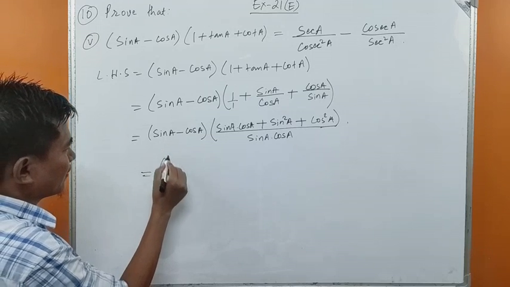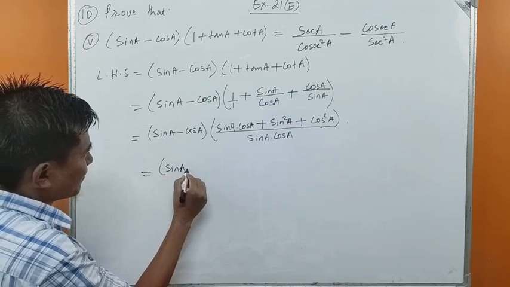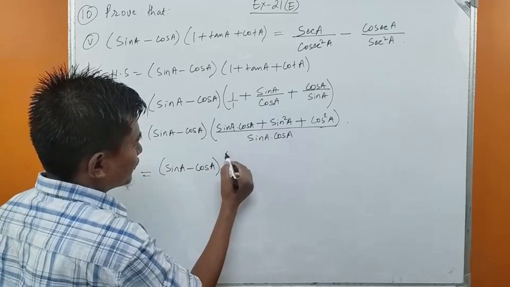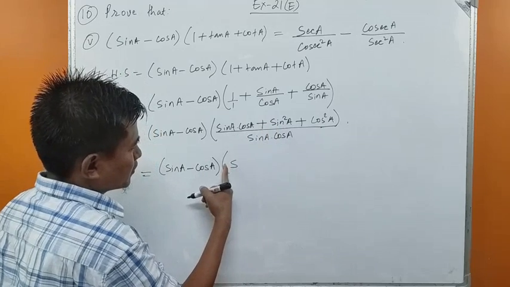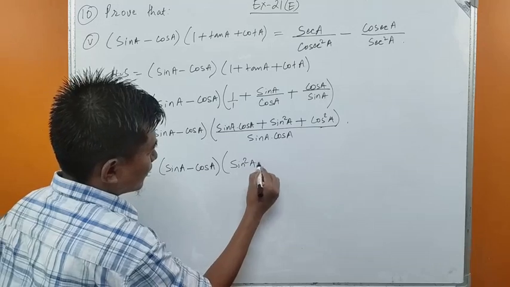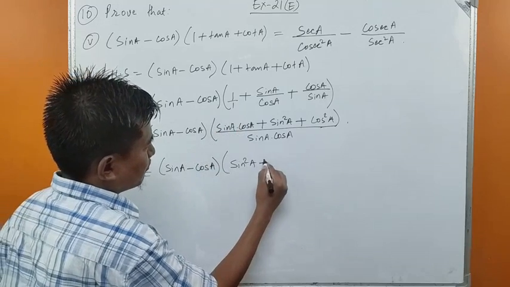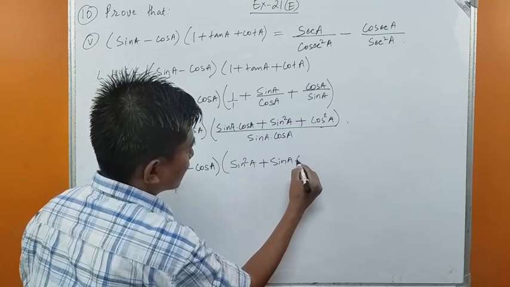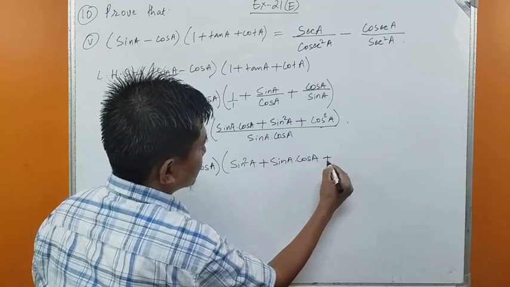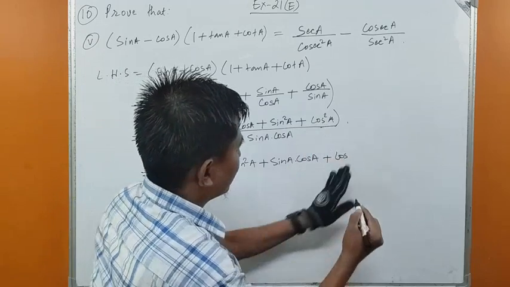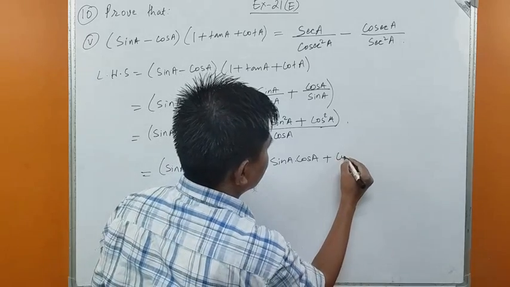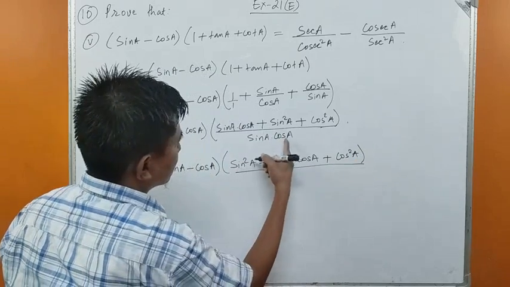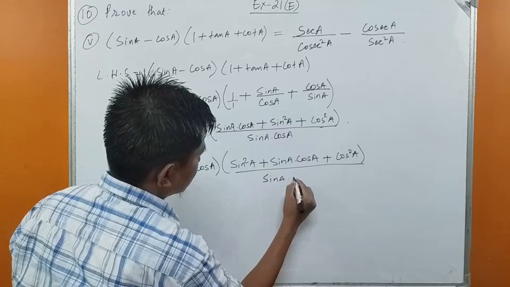Here we have sin A minus cos A. Let's write this sin square A first, plus sin A cos A, plus cos square A. I am just changing their places, nothing is changed, the value is not changed. And in the denominator we have sin A cos A into cos A.